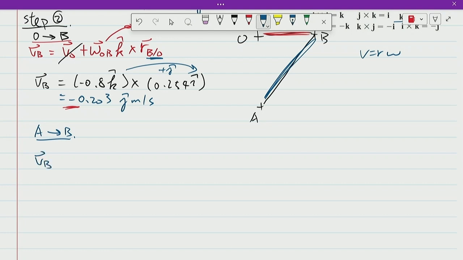VB is on the right, and then VA, left, and then VA plus omega AB cross RB relative to A on the right side. We already found VB, so I can plug that right in.